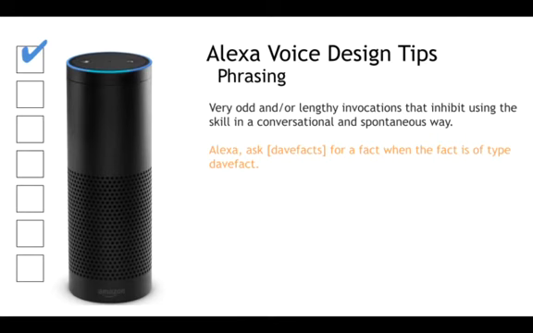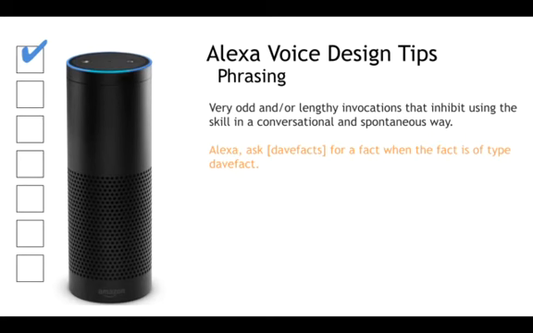Making sure your phrases are not odd or too lengthy, because users will forget them or will have a hard time saying them, and even though they're trying to use your skill, they won't be able to, and they probably won't try to come back to it too many times. So it's something you should really keep in mind. In this case, we have "Alexa," to just trigger her, and then "ask Dave facts for a fact when the fact is of type Dave fact."